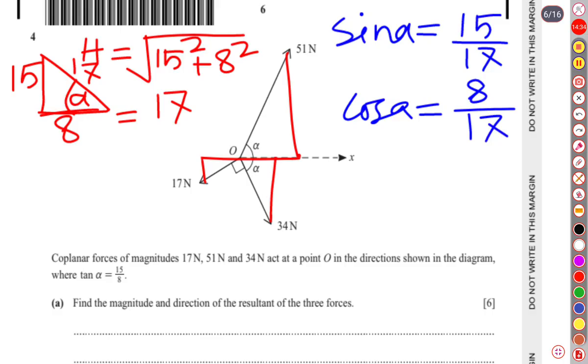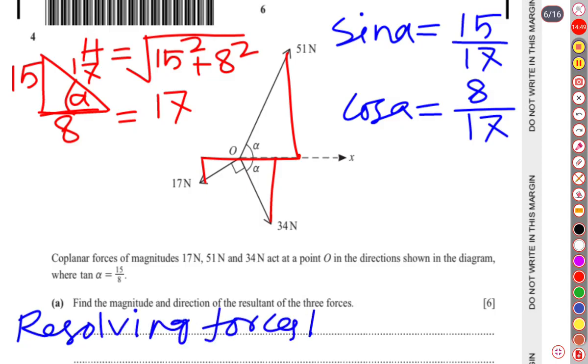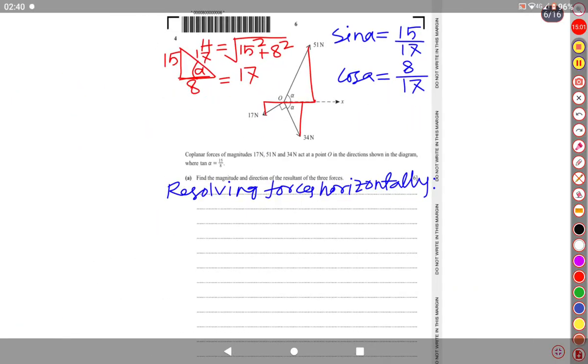Now we will have to resolve the forces. First, let us resolve the forces horizontally. So resolving forces horizontally. If we resolve the forces horizontally, then let us write.